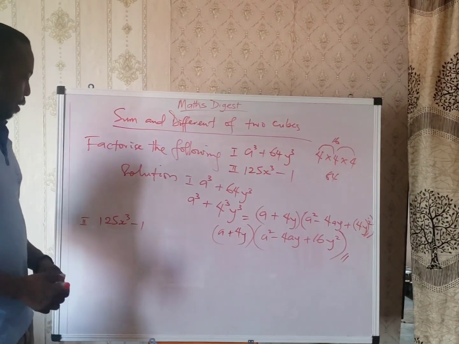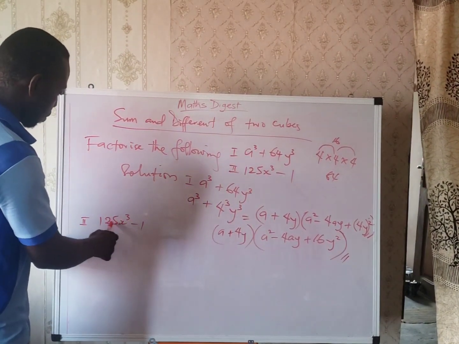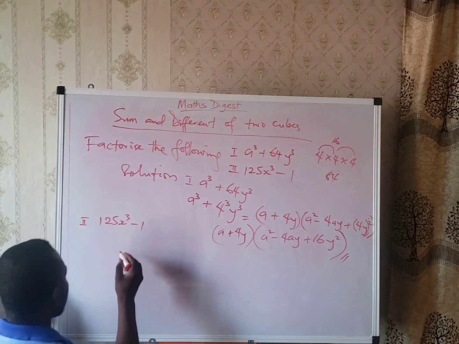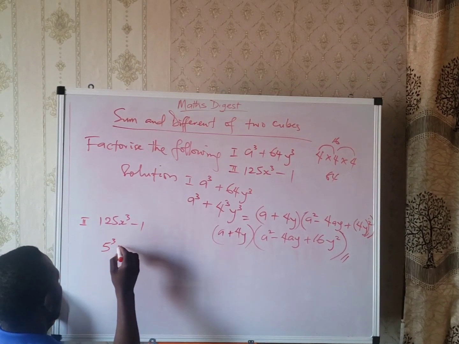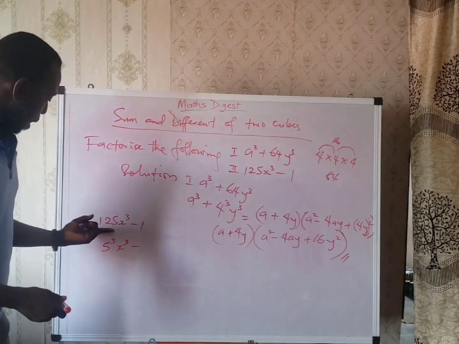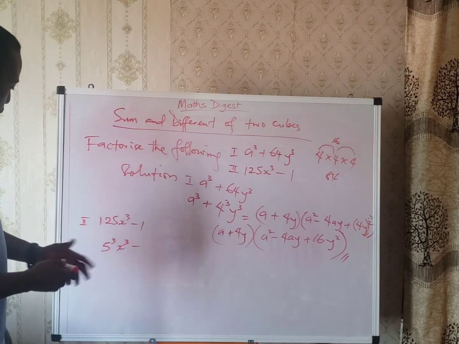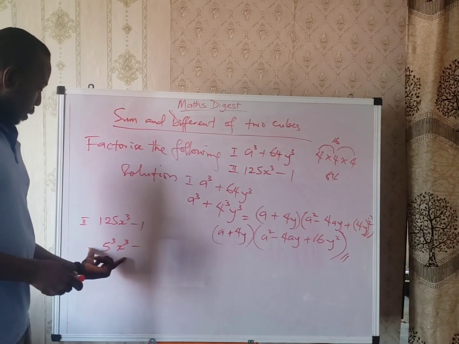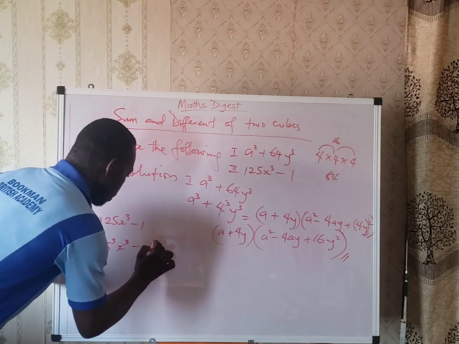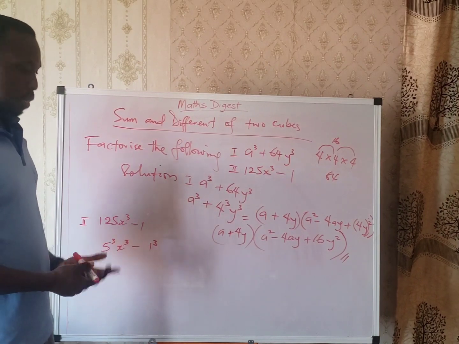What we do is this. We simply look for a number which when you raise it to power 3, you have 125. And that number is 5. So this is exactly what we have here. For this 1, because of the power of the variables here, which are raised to power 3, we can equally say 1 raised to power 3, because 1 raised to power 3 is still 1. So this and this is still the same thing.